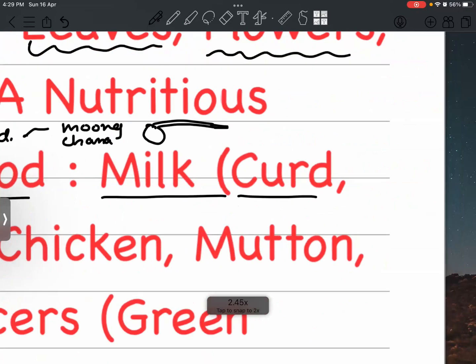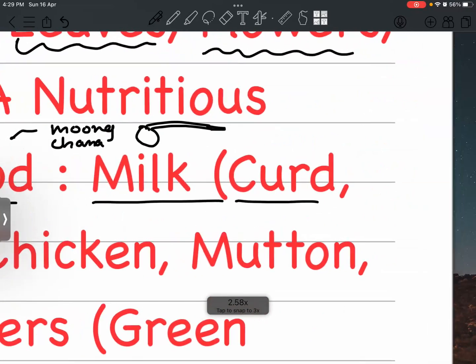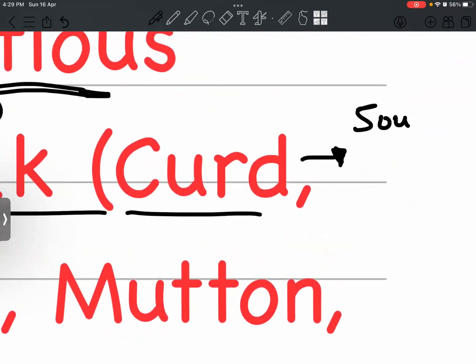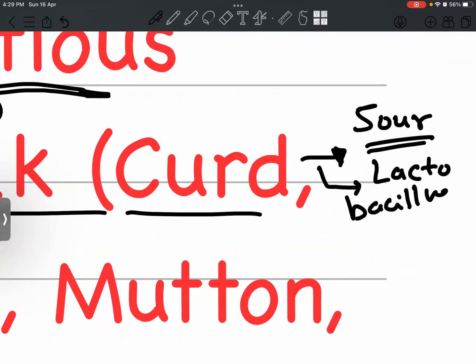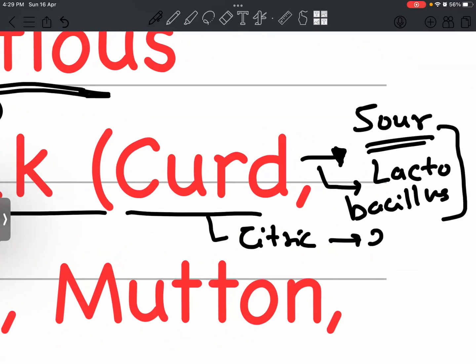We use a bacteria called lactobacillus to make curd, which we will discuss later. Curd is basically sour in nature, which in Hindi you call khatta.